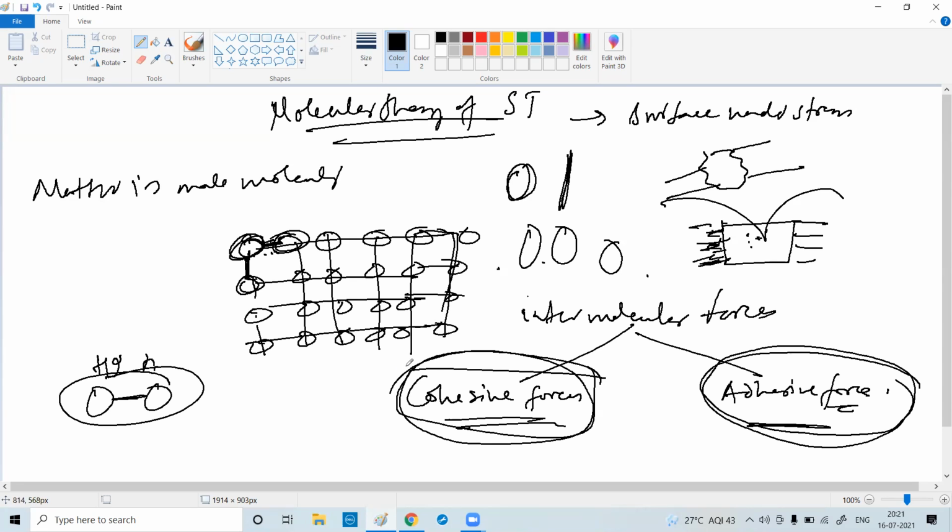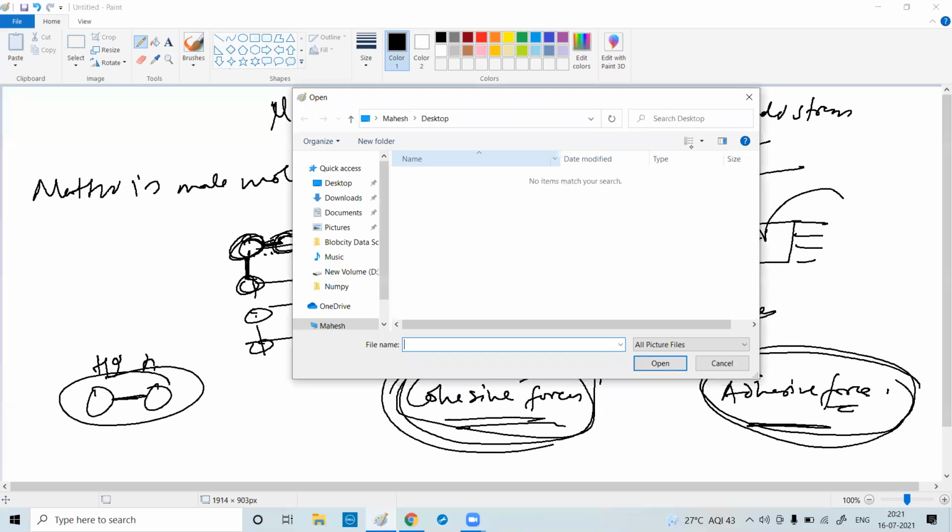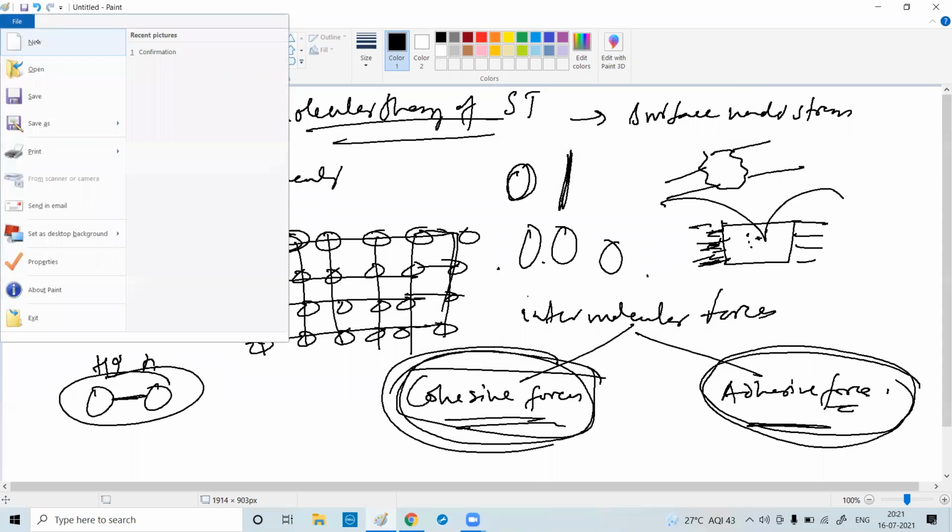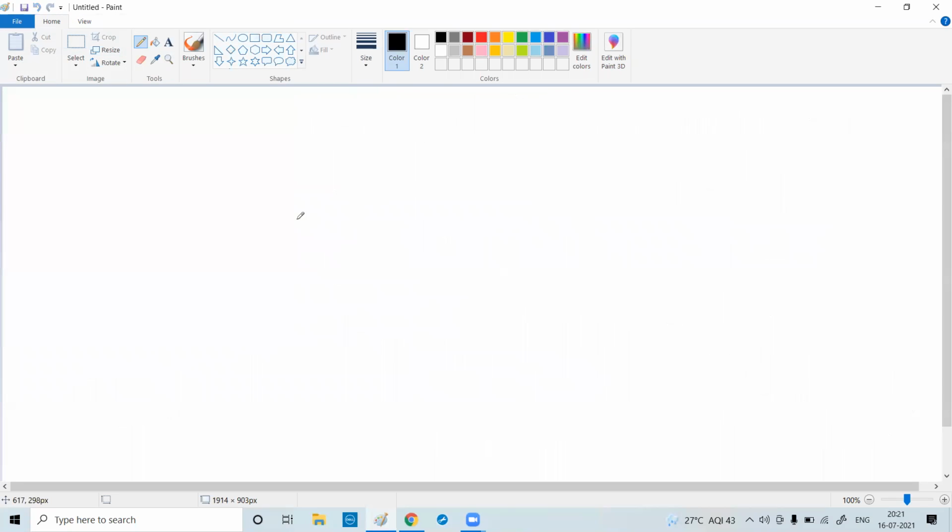Is it clear? Yes sir. These cohesive forces are very, very high in solids, and they are weakest in gases.